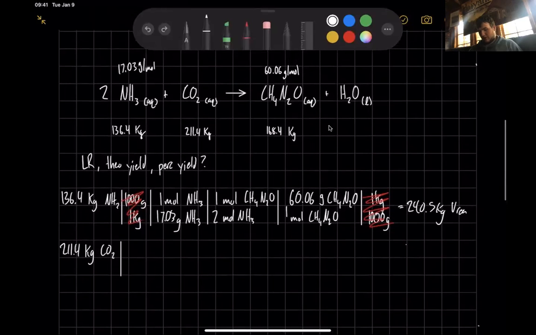Oh, and I forgot to write this one down. We know this is 44.01 grams per mole up here. That's the molar mass of CO2, and so we'll use that. There are 44.01 grams CO2 in 1 mole CO2. There's a 1-to-1 ratio of CO2 to urea.